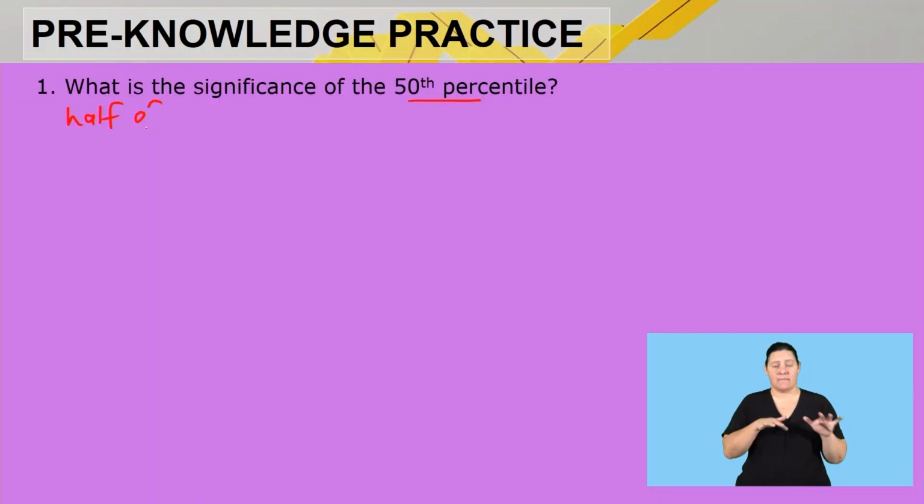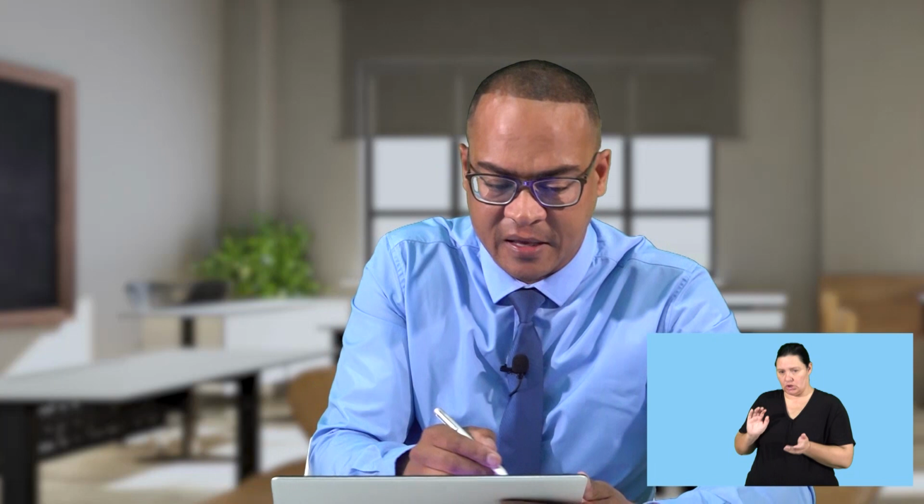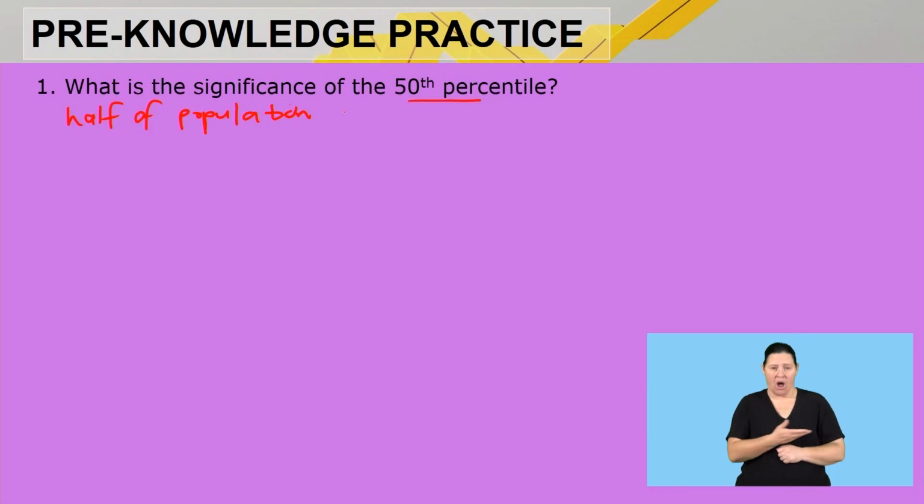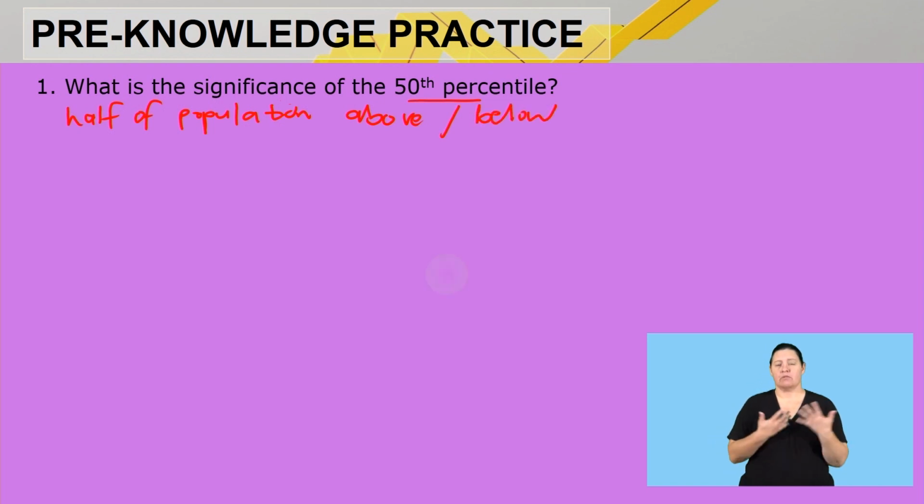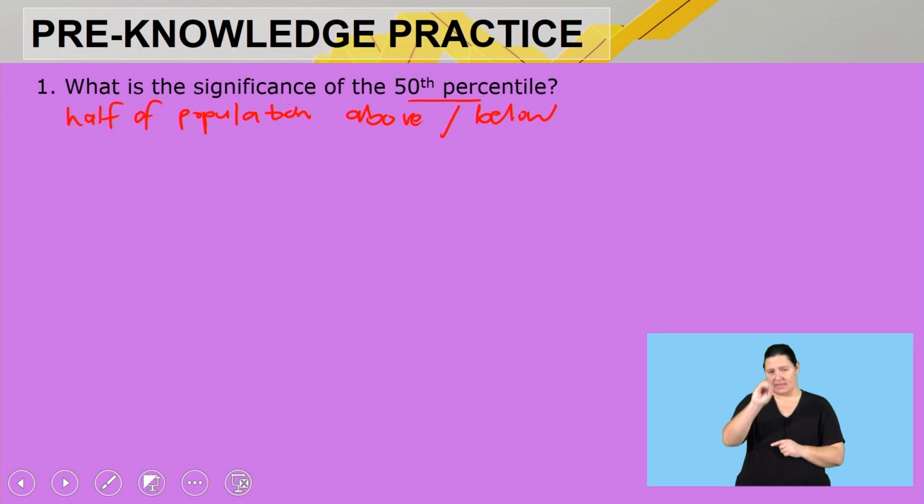We will say half of the population, if we work, for example, with 13-year-olds or 15-year-old boys, and remember, boys we compare with boys and girls with girls, half of the population will be above and the other half will be below. That is what we can say about the 50th percentile, the significance, the importance of it.